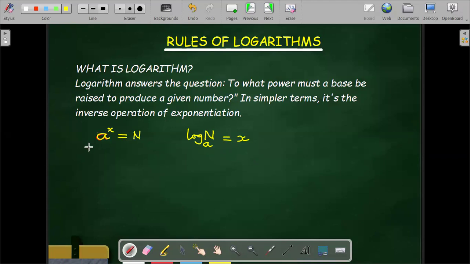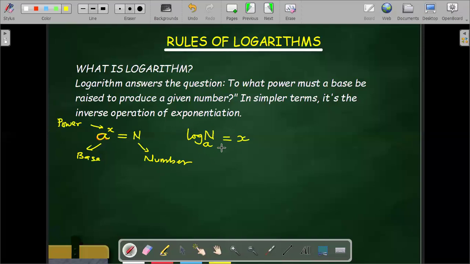So this a here is our base, this n is the number, and the x here is the power or the index or the exponent. The logarithm of this number is the power to which the base is raised to get this number.